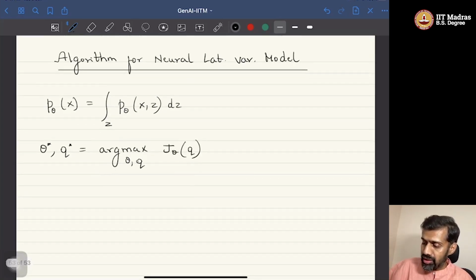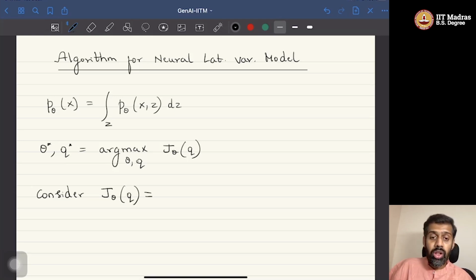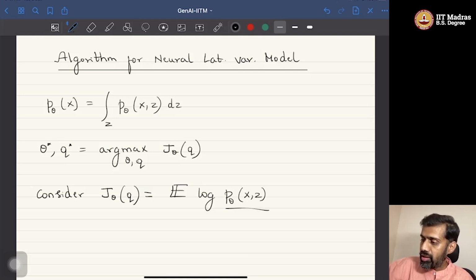Okay, so let us consider the evidence lower bound. Consider J theta of q, which is the objective function that we are trying to maximize. What is this given by? This is given by the expectation of log p theta of x and z divided by q of z given x, and this expectation is with respect to the variational latent posterior.